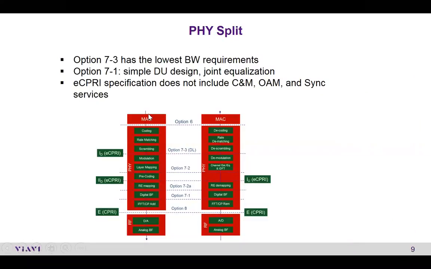Downlink is from the baseband unit towards your cell phone, and uplink is from your cell phone towards the network. The eCPRI document recommends either option ID or 2D for the downlink, and for the uplink, it recommends option 7.2.